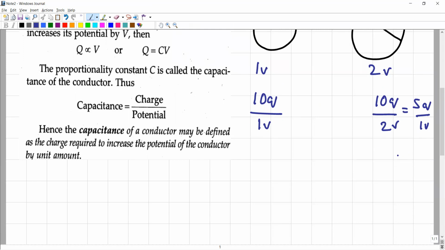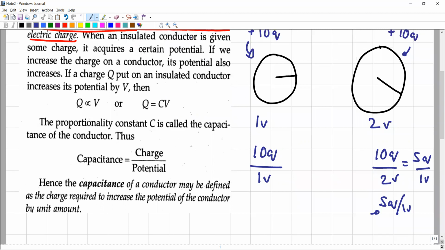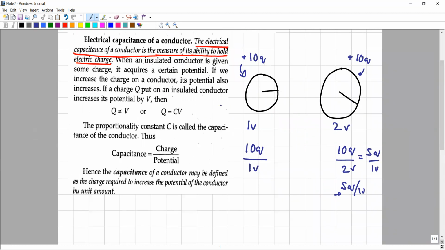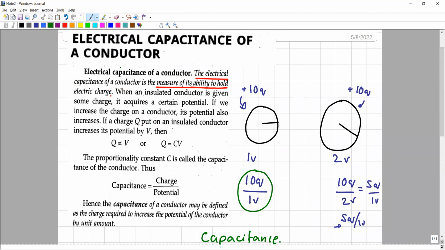So what we get is that this conductor develops 1 volt potential when it is given 5q charge. By this logic, we can say that this conductor has more capacitance. This is the meaning of the word capacitance.